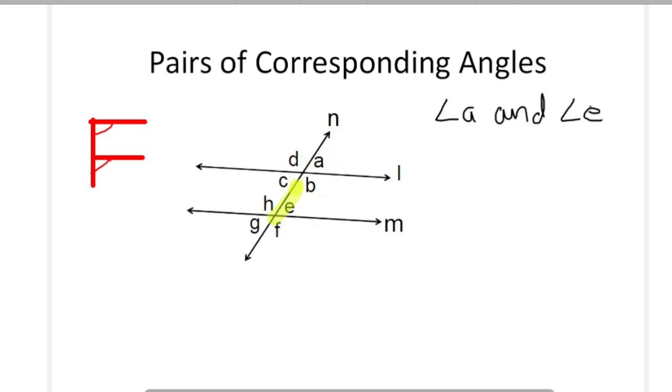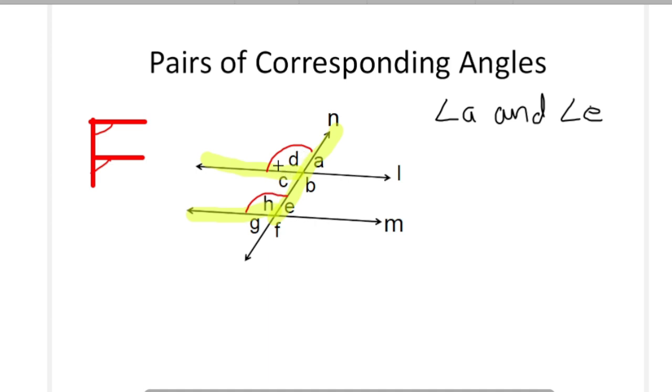Now see here. Here also it is forming the shape of the letter F. See this angle D and this angle H. So angle D and angle H are a pair of corresponding angles.